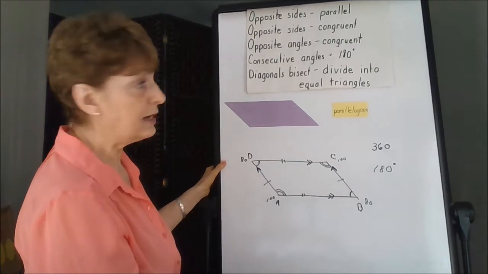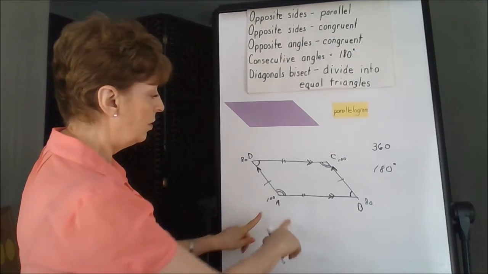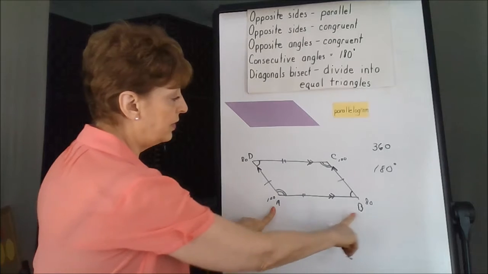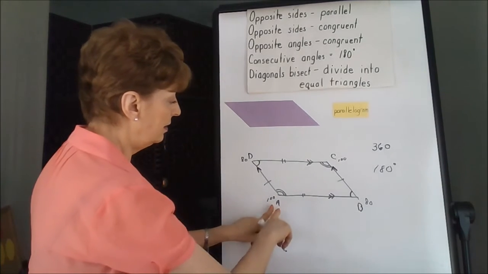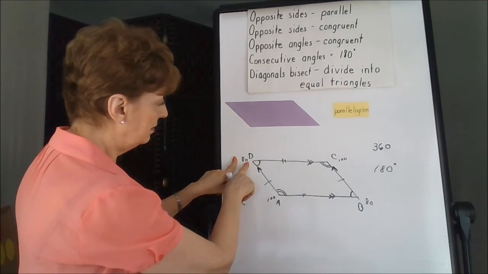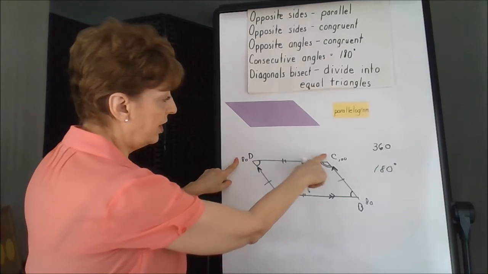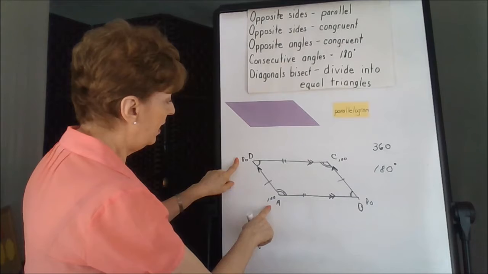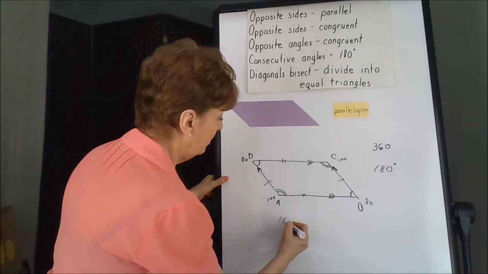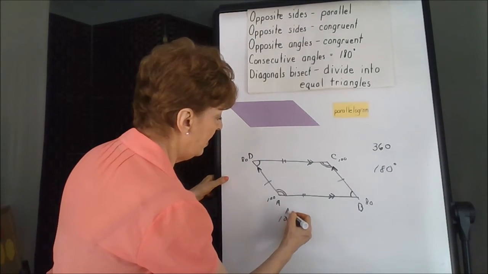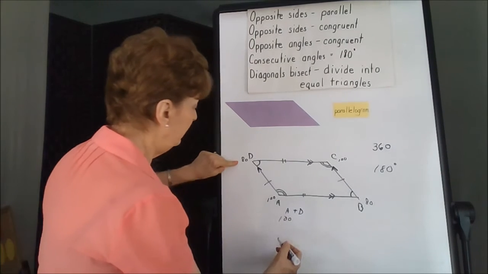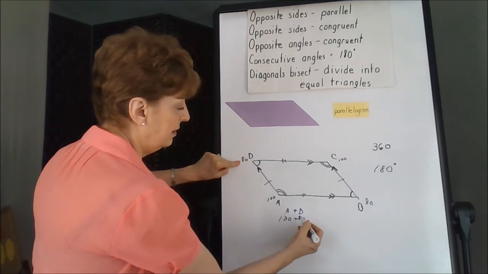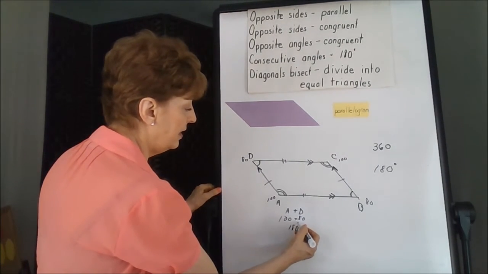And if we were doing consecutive angles, we would have a large angle with a small angle, a large angle with a small angle, a small angle with a large angle, a small angle with a large angle. 100, that would be our A, plus D, 80, is 180 degrees.